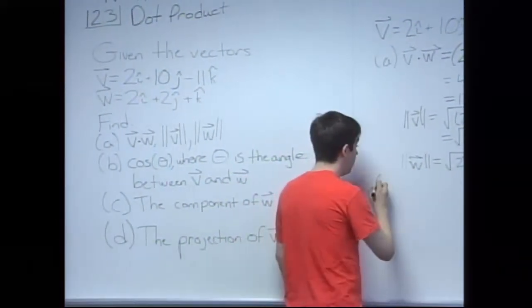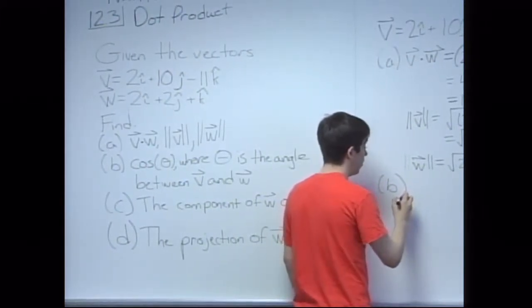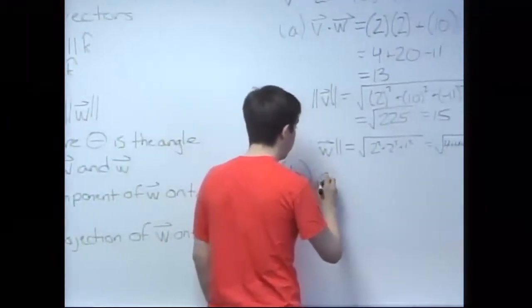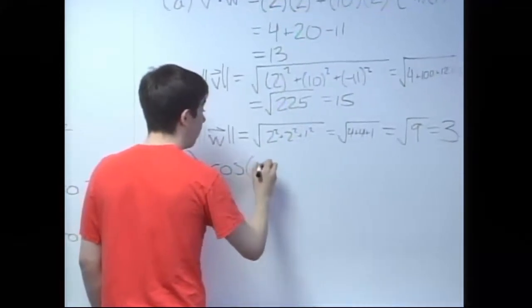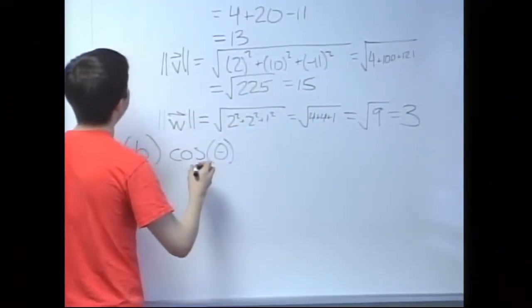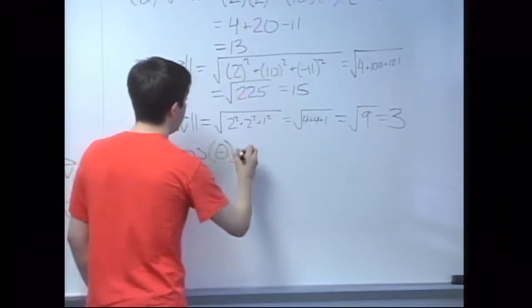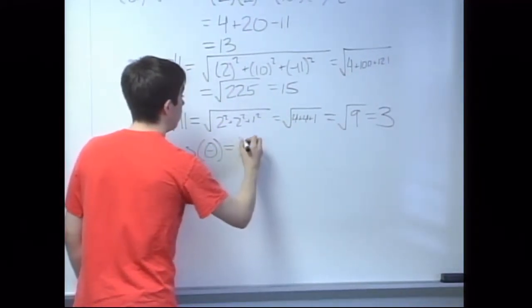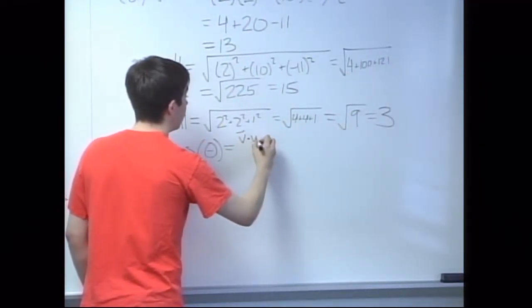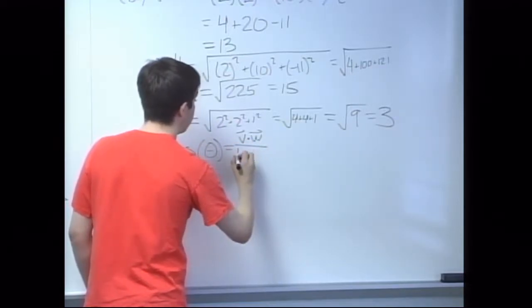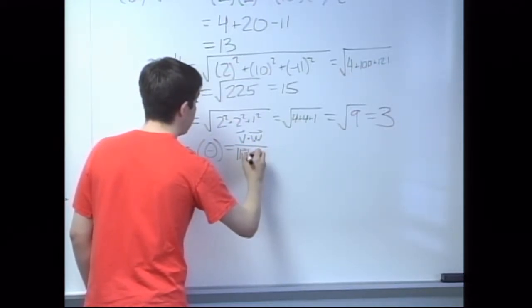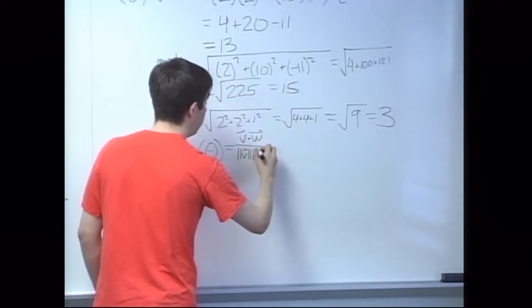Now part B, we are going to figure out what the cosine of the angle between the two vectors is. If you remember from your formulas, the cosine of the angle between two vectors is equal to vector v dotted with vector w over magnitude v times magnitude w.